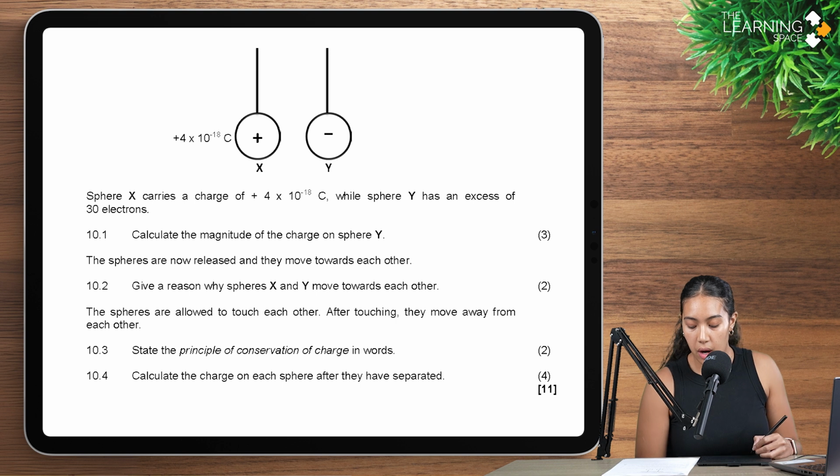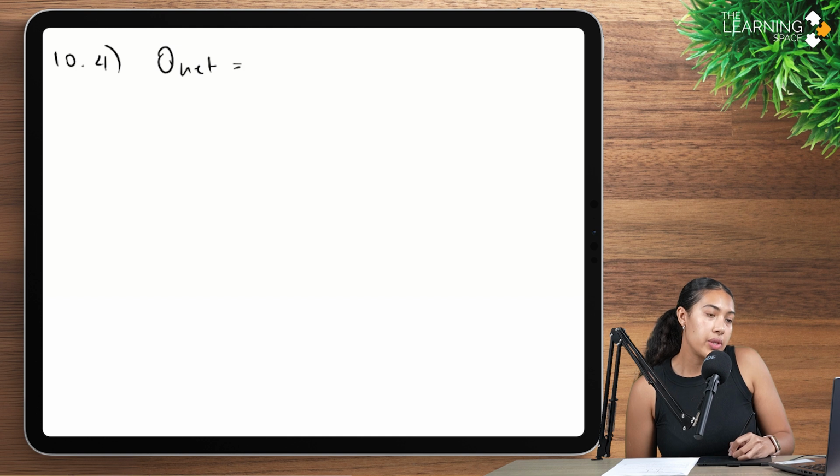Then 10.4 asks us to calculate the charge on each sphere after they have been separated. The way we do that is by using the formula Q net is equal to the sum of our charges divided by the number of charges. In this case, we have Qx plus the charge of Y, and since there are only two charges, we divide by 2.